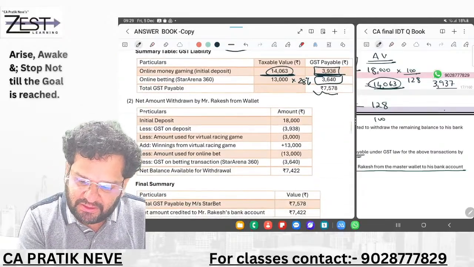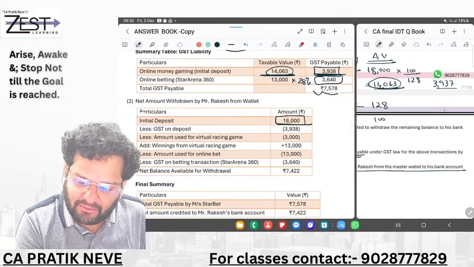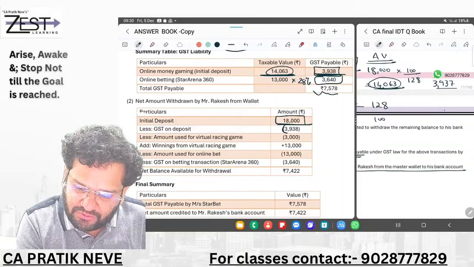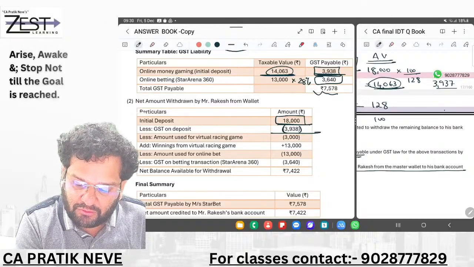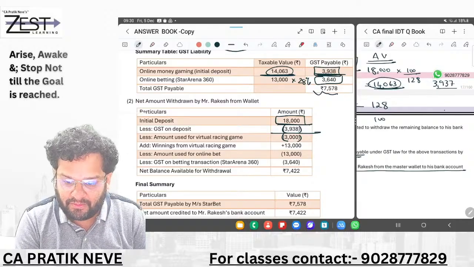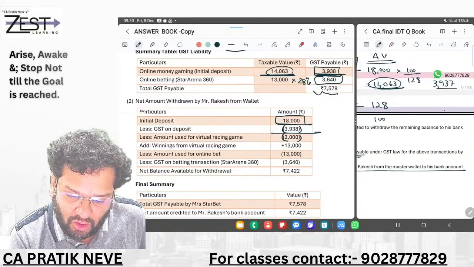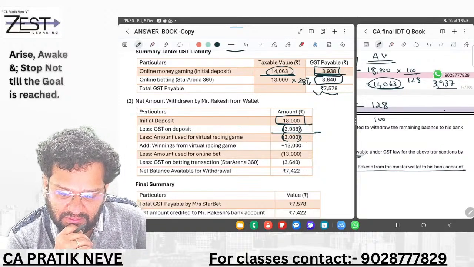Now what happens? Initial deposit was 18,000, but out of that GST was 3938. Okay, and amount used for virtual racing is 3,000. So that will be subtracted. So whatever is subtracted, you put it in bracket. 13,000 was winning on that virtual racing game. Okay.